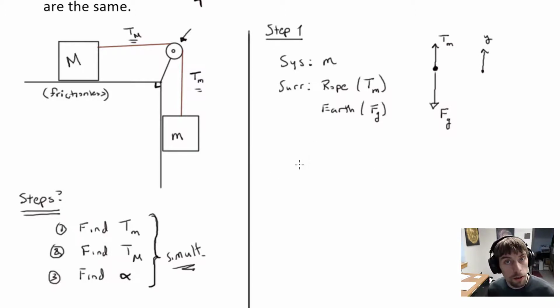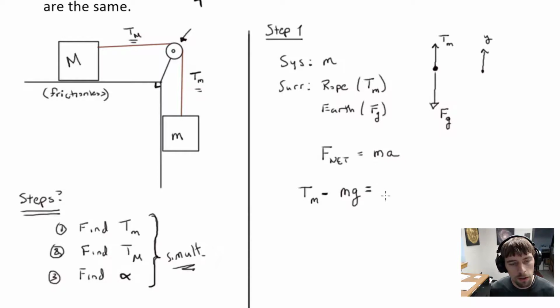We apply our relationship equation, namely Newton's second law. Since we're in the y direction, I'll drop my vector notation for right now. So I have T_m minus, subbing in my definition for the gravitational force, mg, equals, be careful here, little m a, the acceleration being downwards.